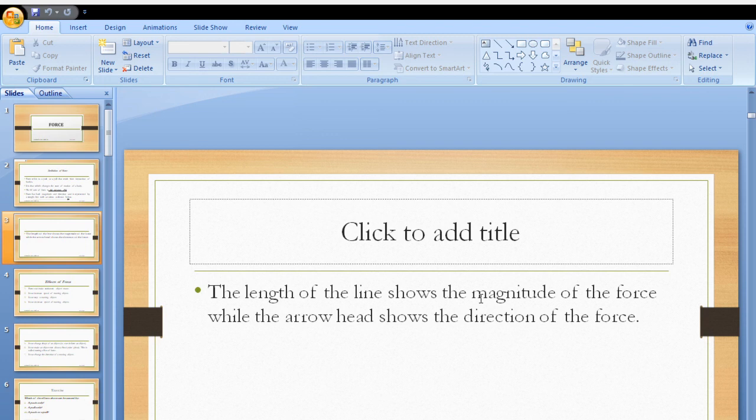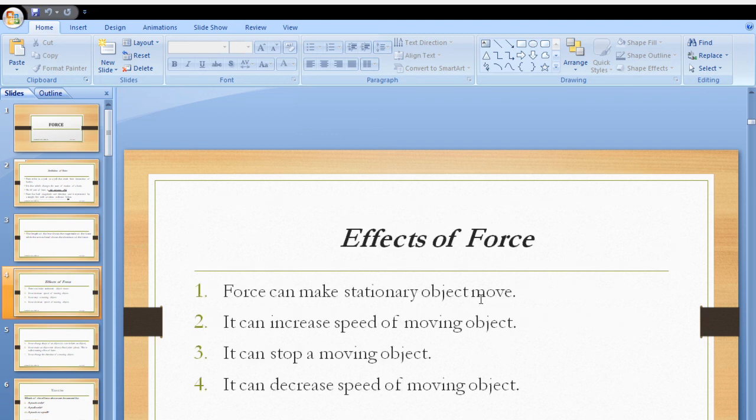There are very many effects of forces that we actually know. But there is a way we need to be giving the effects of forces.